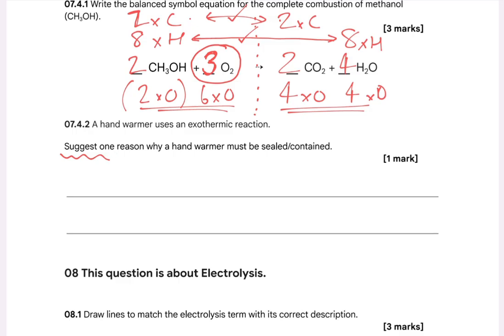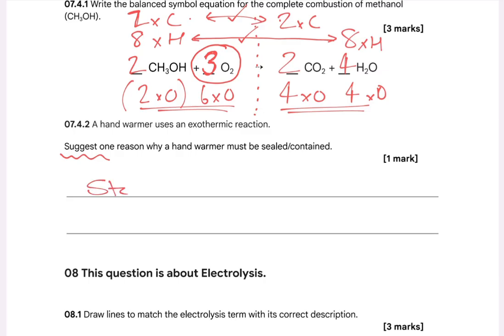So it could be just we use a bit of general knowledge, I guess common sense to some extent. But if we're doing an exothermic reaction in our hands, we don't really want chemicals getting on our hands. And so in the use of that, this is just a bit of a health and safety type explanation. So it must be sealed or contained.